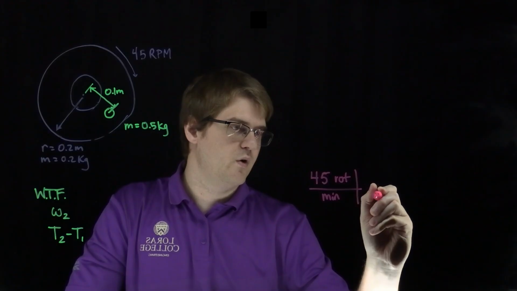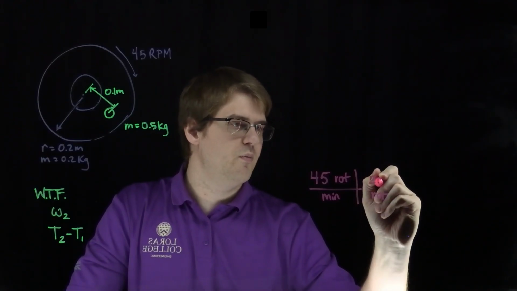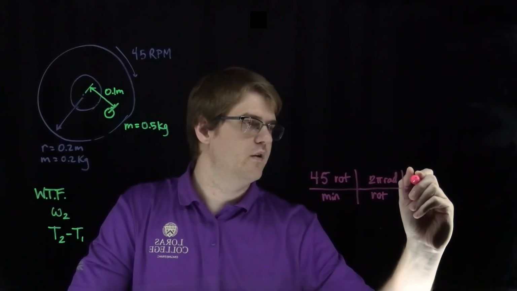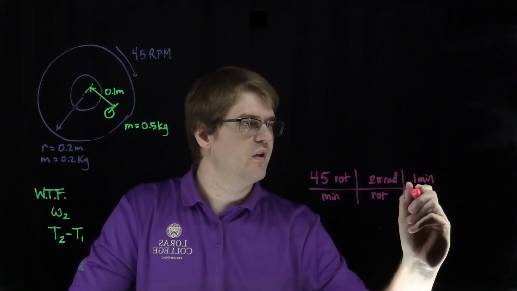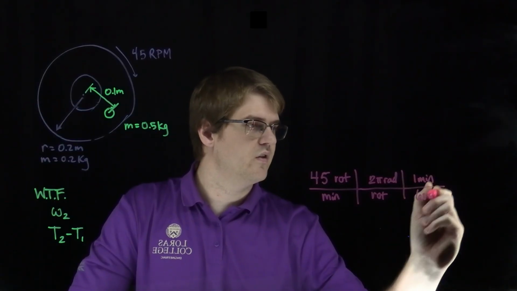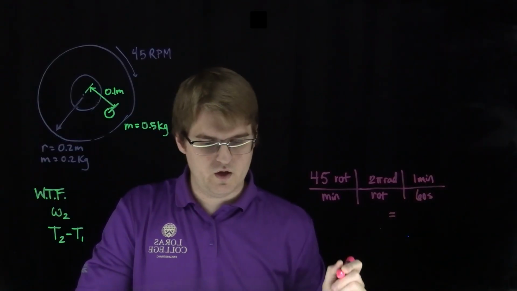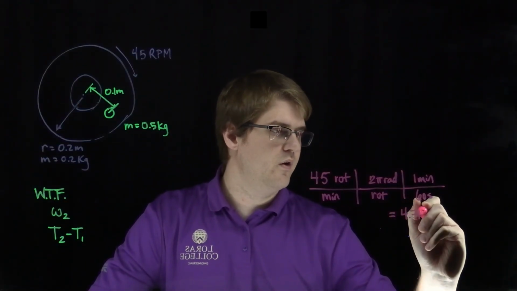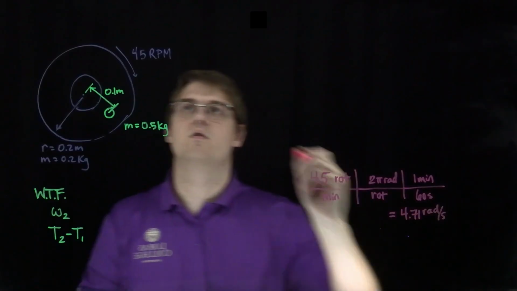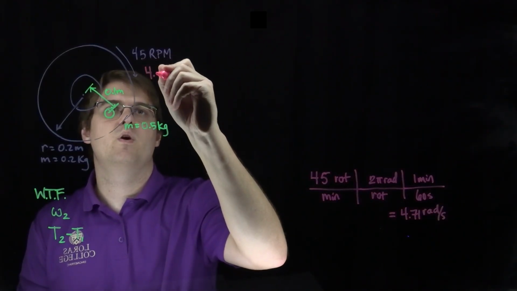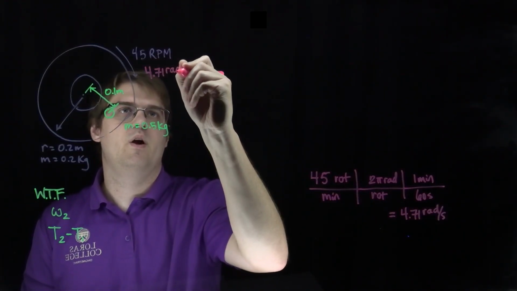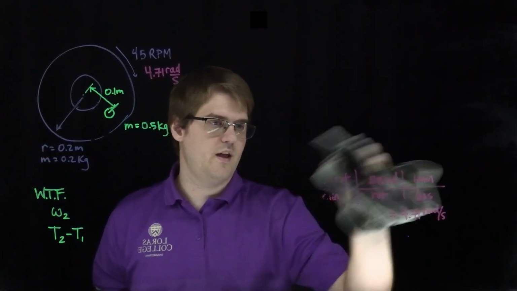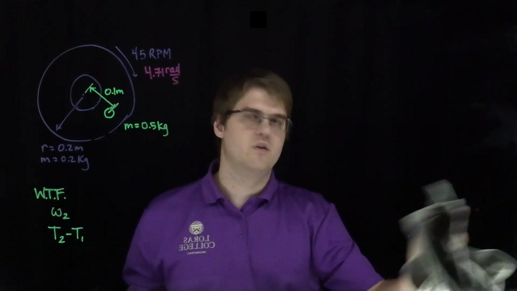One rotation is 2 pi radians, and 1 minute is 60 seconds. This gives me a rotational rate of 4.71 radians per second. Okay, that guy worked out perfectly.